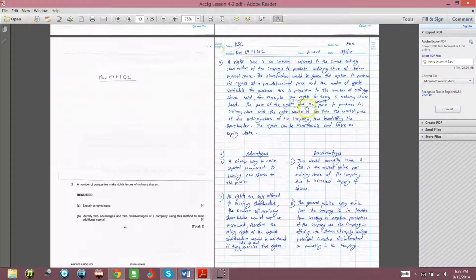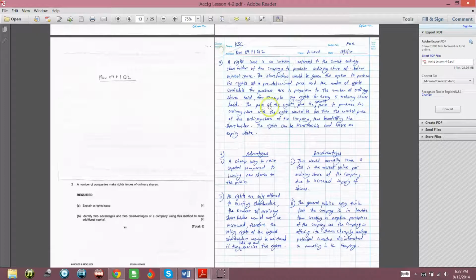The price of the rights plus the special price to purchase the ordinary shares. Sometimes it is the price of the right, if any. Sometimes the company may not give the rights to the ordinary shareholder for free. Sometimes the company may offer to sell the rights to the ordinary shareholder. That means there is a value to the rights also.